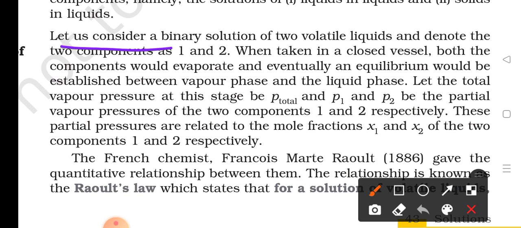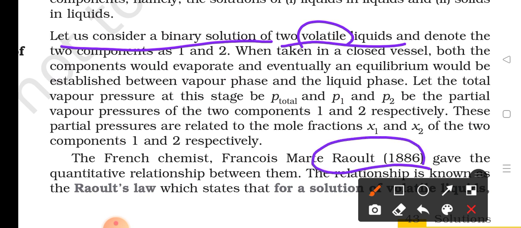Here they told that let us consider a binary solution. Binary solution means there are two liquids, a binary solution of two volatile liquids, and both liquids are volatile. Remember that. Here we learn about a law which is known as Raoult's law. In the case of Raoult's law, you have to consider liquids which are volatile in nature. Must remember that.